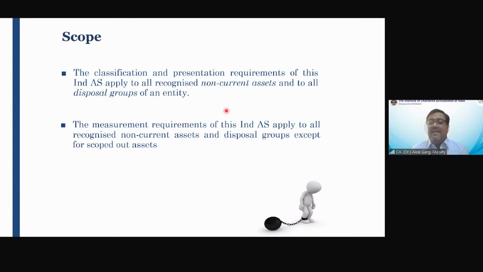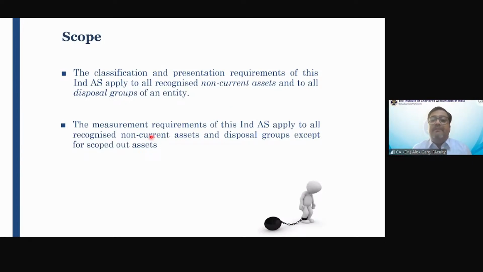Okay, if an asset which is a non-current asset as per the balance sheet, if the asset is a non-current asset in the books of accounts and once the non-current asset becomes held for sale, then this Ind AS 105 will be applicable. Okay, and to all disposal groups of an entity. So it talks about individual as well as groups of assets.